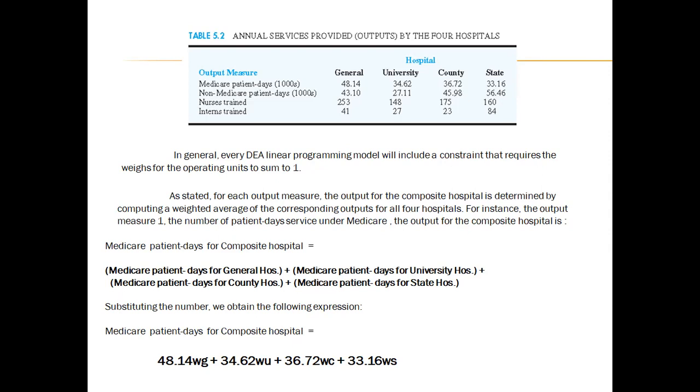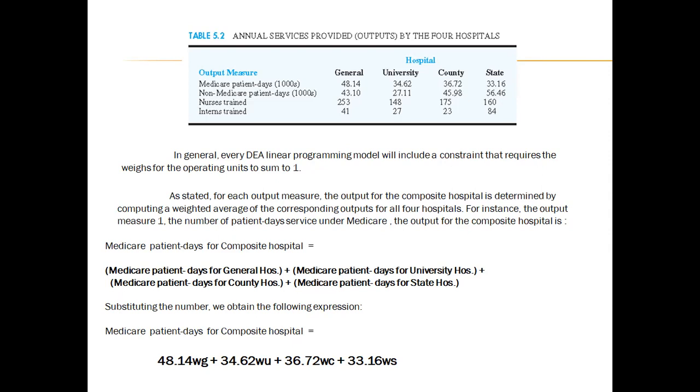For the output measure, we have Medicare patient days. For the general hospital, it shows 484.14; non-Medicare, 43.10; nurses trained, 253; and interns trained, 41. For the university, Medicare patient days 34.62, non-Medicare 27.11, nurses trained 148, and interns trained 27.